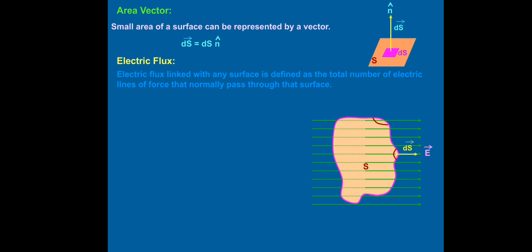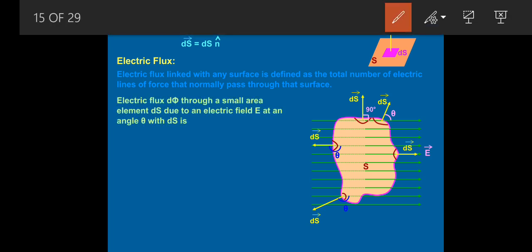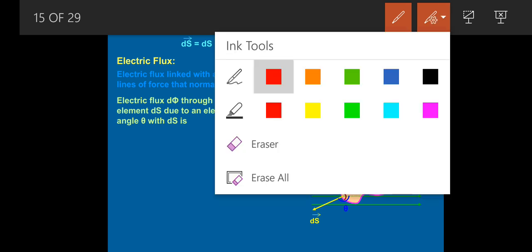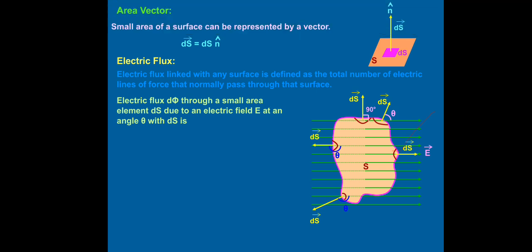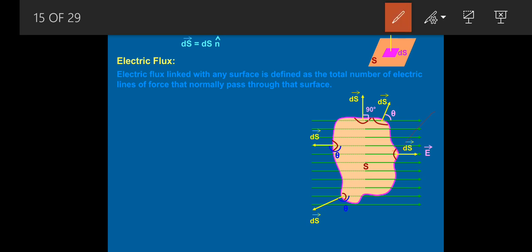Suppose we represent a surface like this in a uniform electric field. Suppose that ds are the area vectors at different places on this surface.